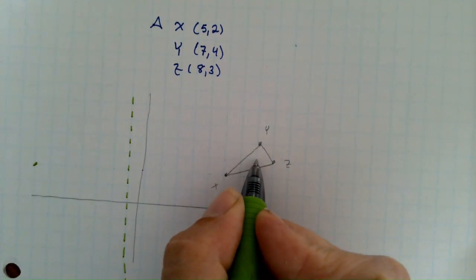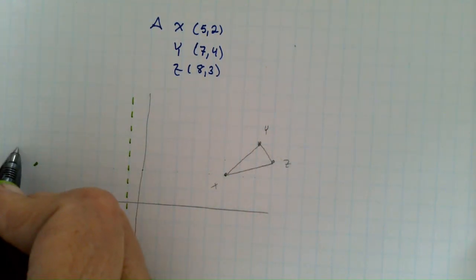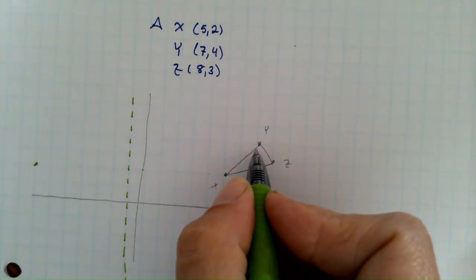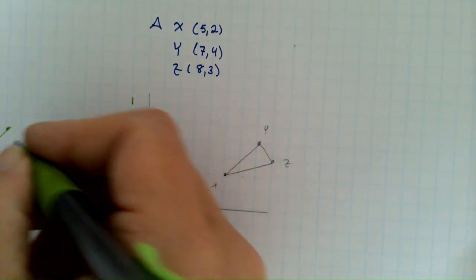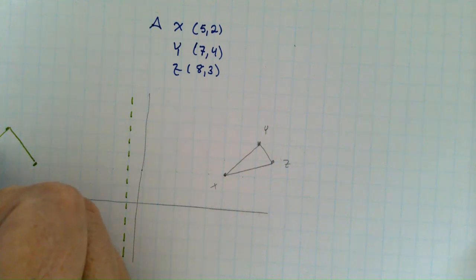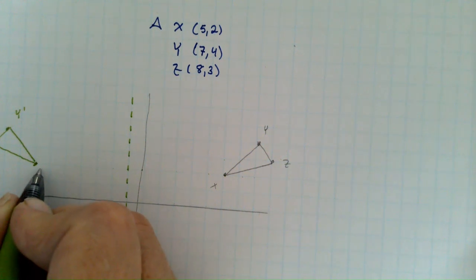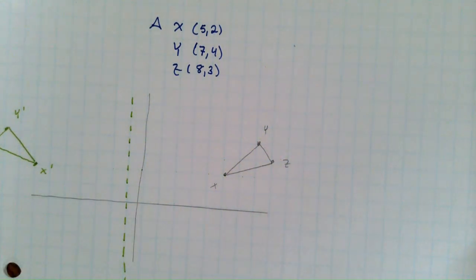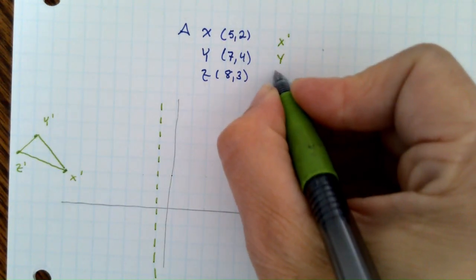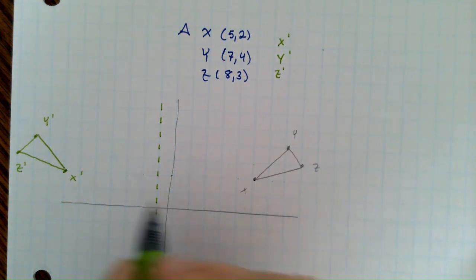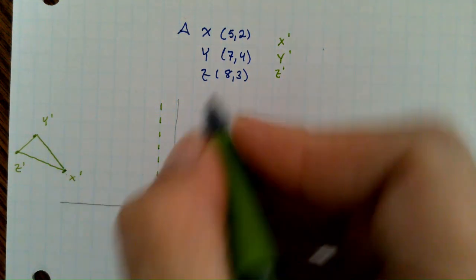Z is 9 spaces, so I need to do 9 spaces. And Y is 8 spaces, so I need to do 8 spaces. One, 2, 3, 4, 5, 6, 7, 1, 2.